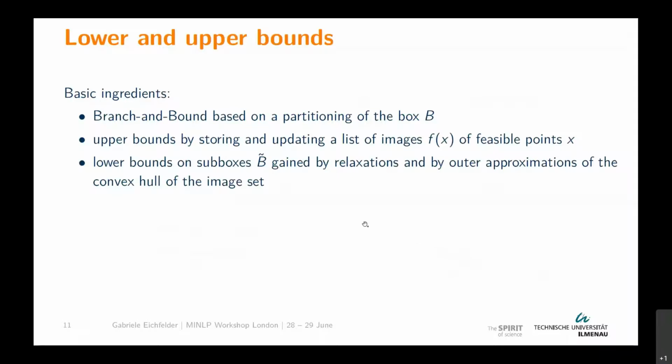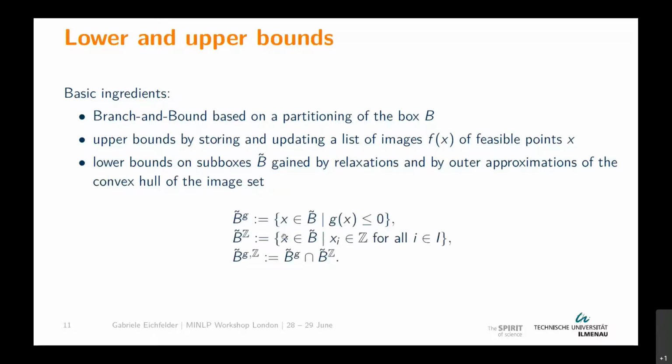And for the partitioning of the boxes, we will use branching rules, which I'm going to explain on the next slide. And then for discarding subboxes, we will rely on relaxations, convex relaxations, where we ignore the integrality constraint. And we are also going to use something like an outer approximation of the convex hull of the image set.